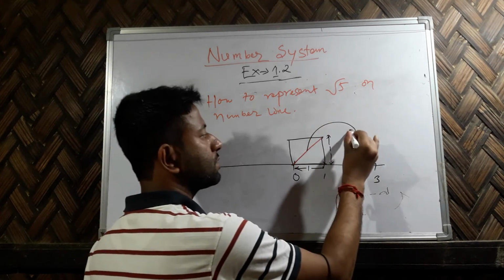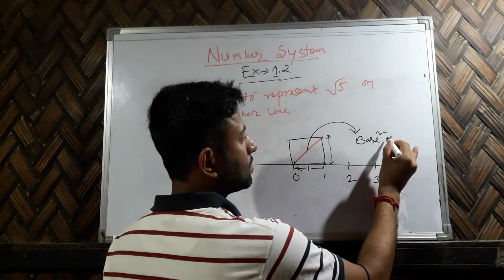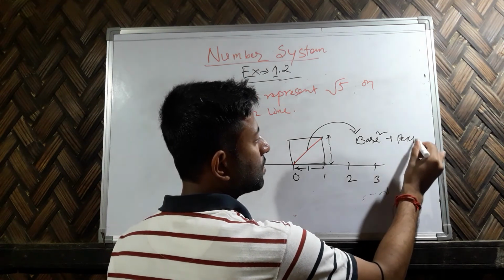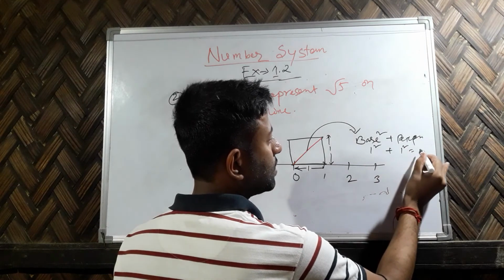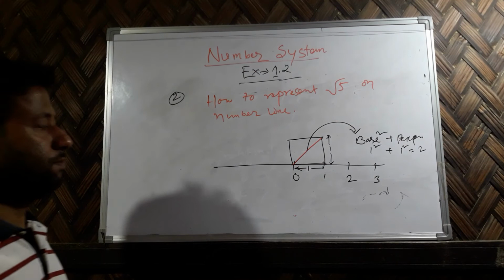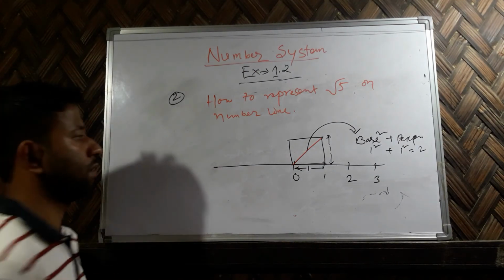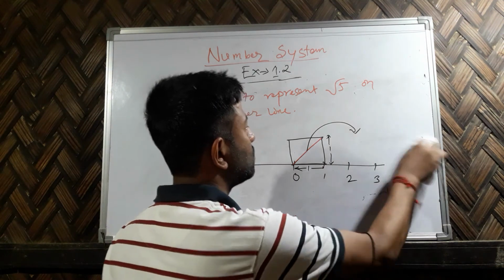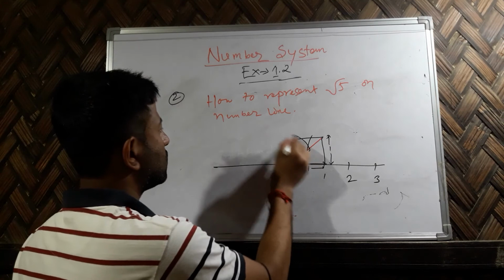This hypotenuse is equal to base square plus perpendicular square, that is 1 square plus 1 square, that is 2. So the hypotenuse. अब मैं इसको थोड़ा इलेबोरेट कर रहा हूँ यहाँ पे.